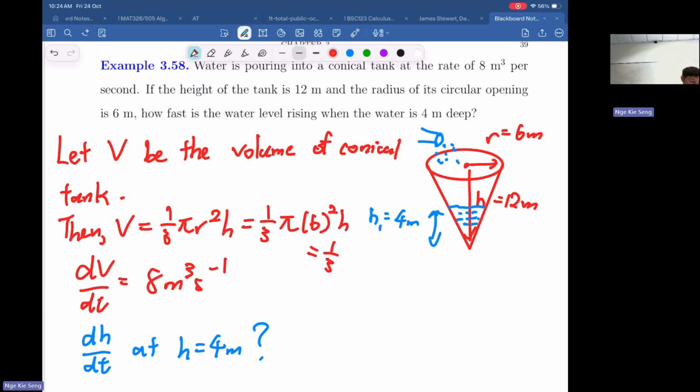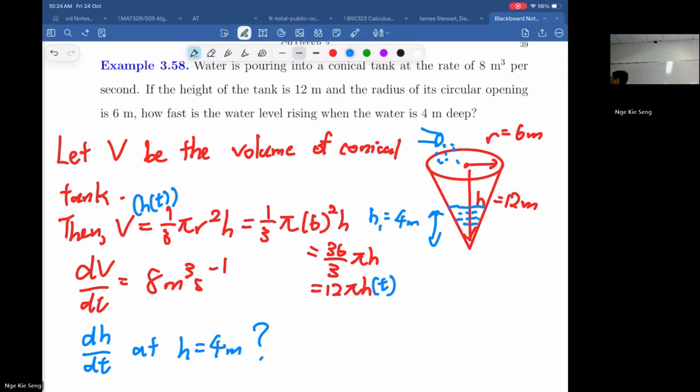So we want to write volume as a function of height. And then we see how this volume changes with respect to time, and how this height changes with respect to time. So the volume is with respect to h, and h is with respect to t.